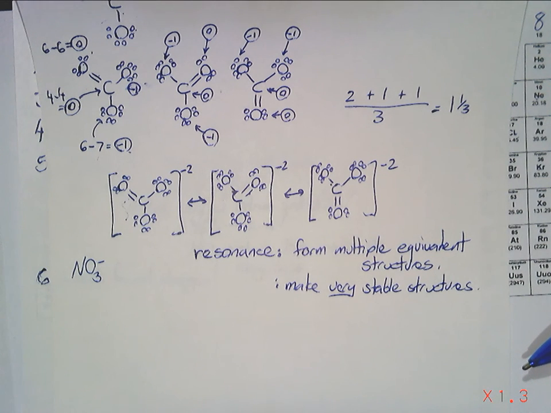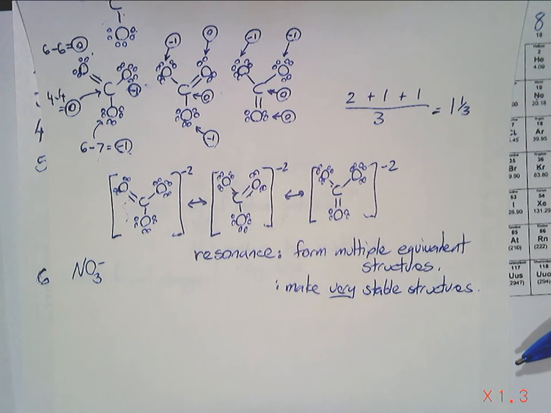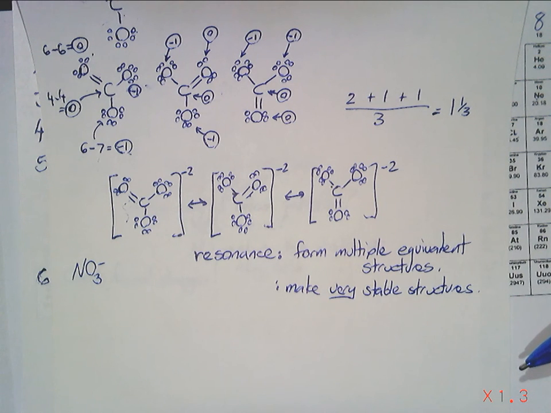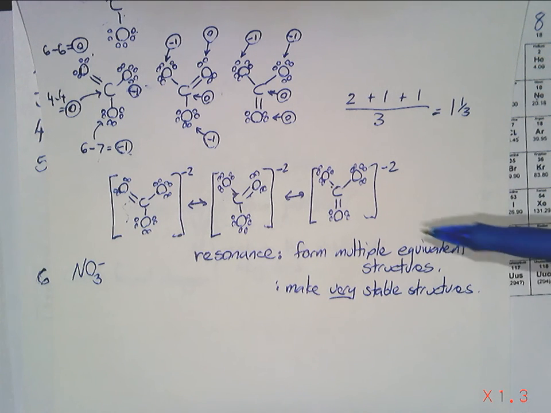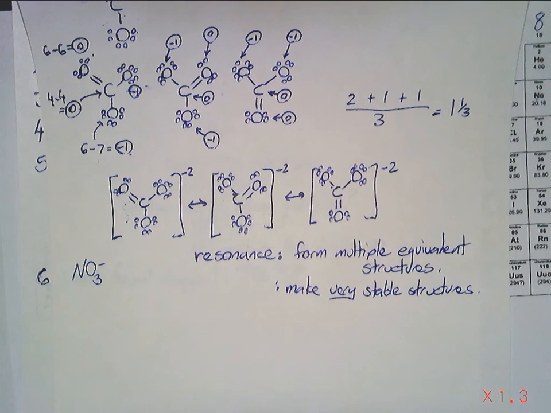If you've got resonance, you have an especially stable structure. And it is possible for you to take a molecule that is kind of mean and nasty and would be unstable for other reasons and make it stable by seeing that it has resonance. You can see why things like free radicals, which we'll talk about in the next worksheet, can actually be stable for a short period of time.